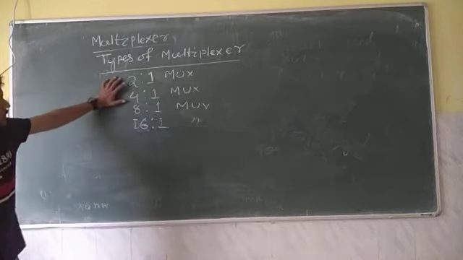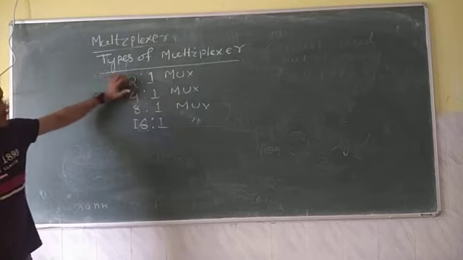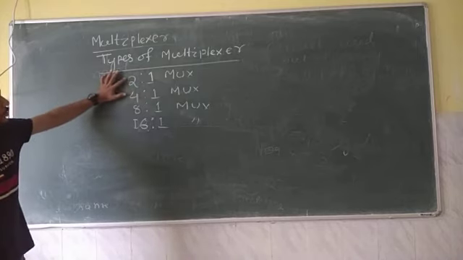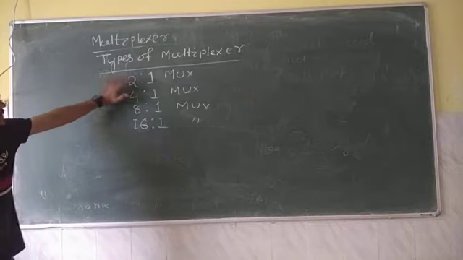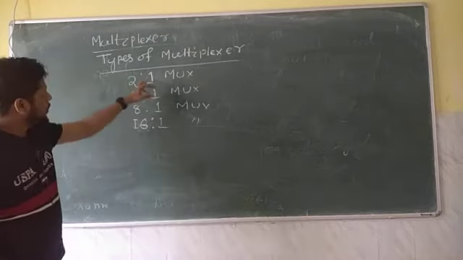So here 2:1 mux means 2 indicates the number of input lines, and 1 is the number of output lines.